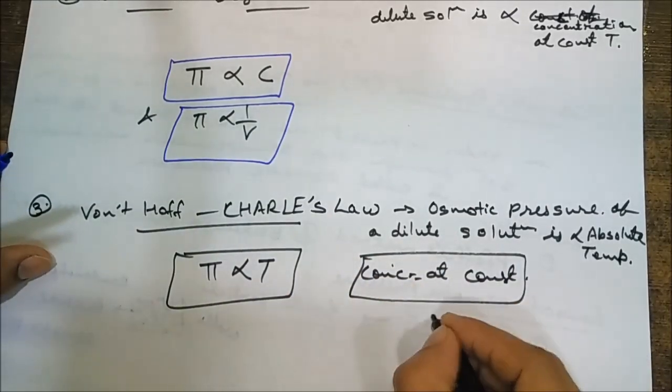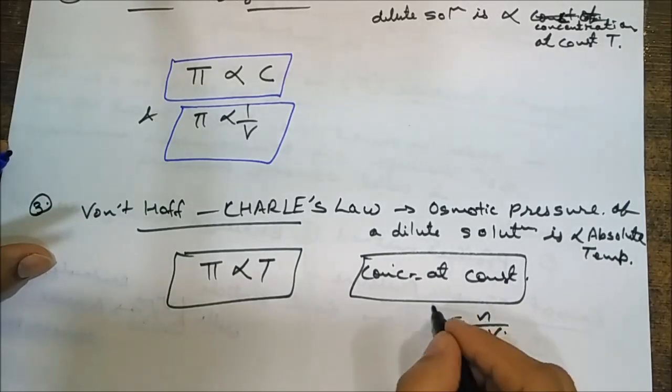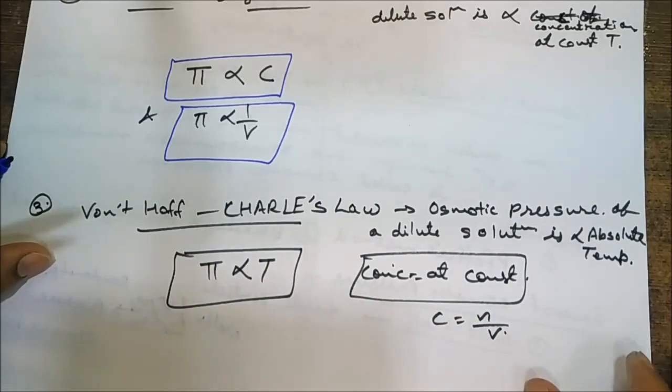Or as we know that C is equal to n by V, so we can keep the volume also constant.